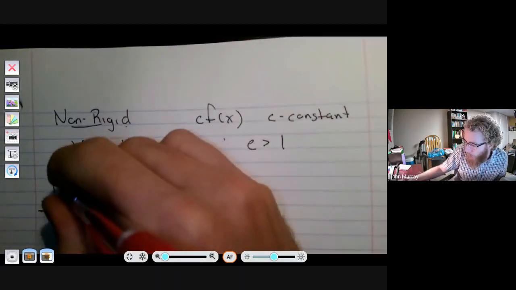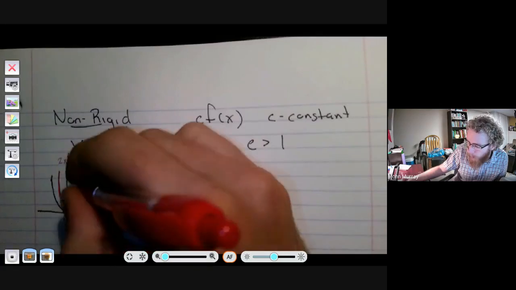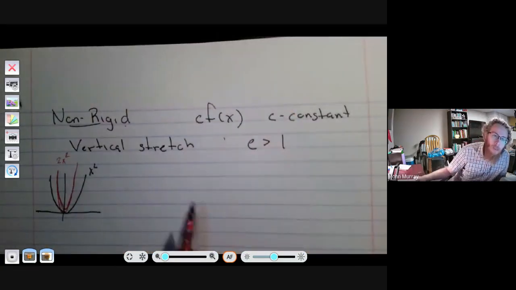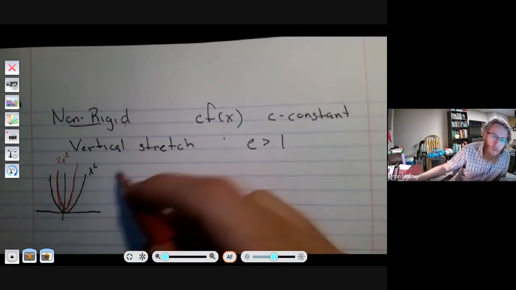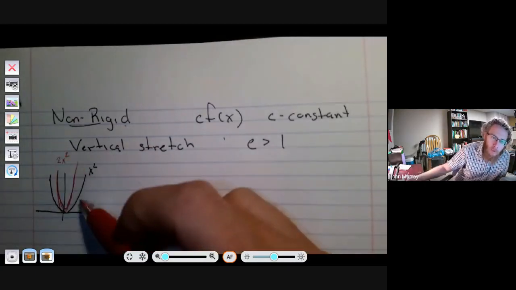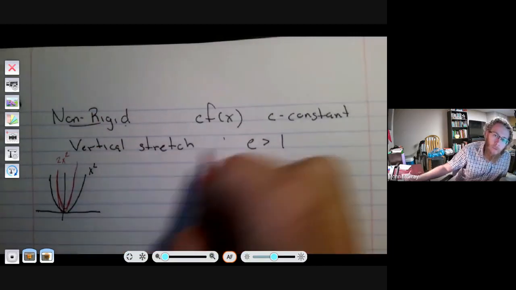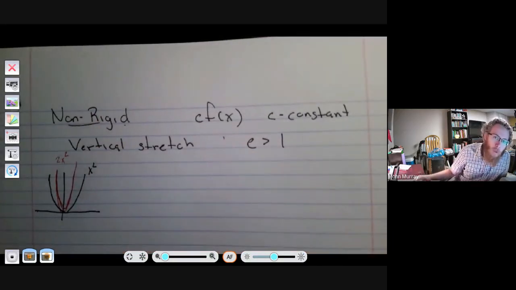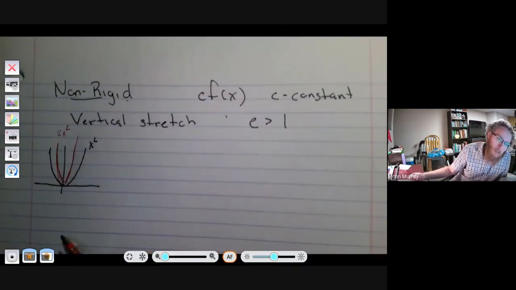It stretches it up vertically, right? So another way you can think of it is it makes it narrower, right? But think of it, we stretch up, right? So if your arms are apart and you're stretching up, right? Your arms are apart and you stretch up when it's a larger number than 1. Okay, so 2, 5, whatever like that. If you had a negative, right, it would just stretch it, but it would flip it down.